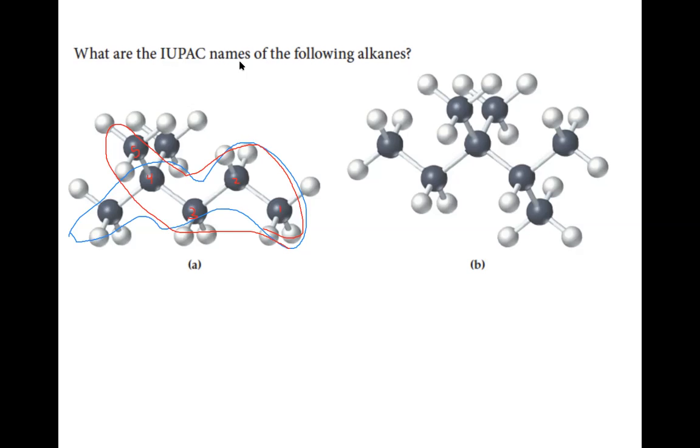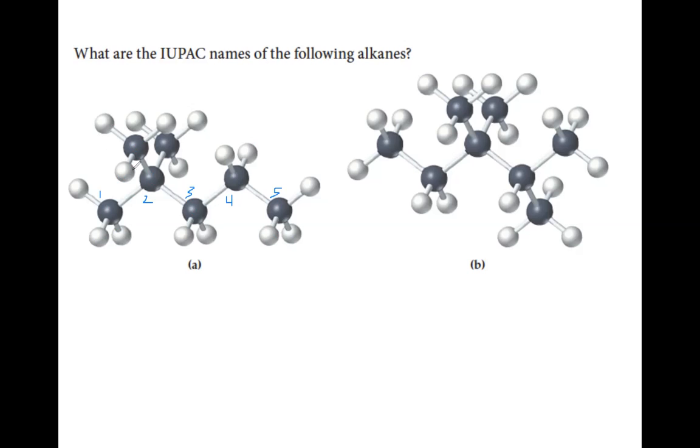If we number it using the first one, now that becomes 1, 2, 3, 4, 5. And now we've gone from our branched carbon being 4 to being 2. So we're going to stick with the blue path, making it 1, 2, 3, 4, 5. And so that's going to be pentane, clearly.